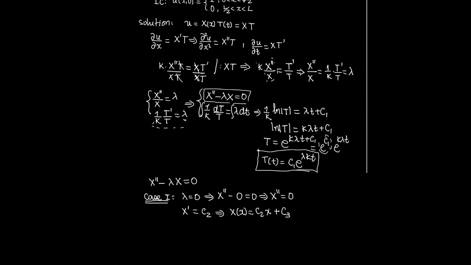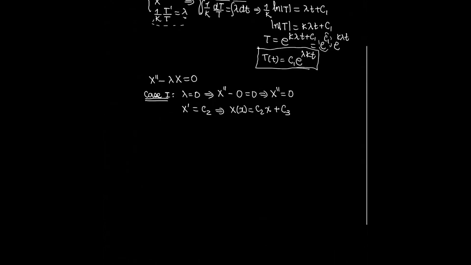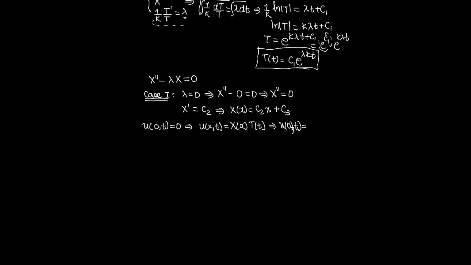Then I go back to the boundary conditions. The first boundary condition, u(0,t) equal to 0. I have that u(x,t) equals X(x) T(t). That means when x equals 0, u(0,t) equals X(0) times just some function, which is equal to 0.